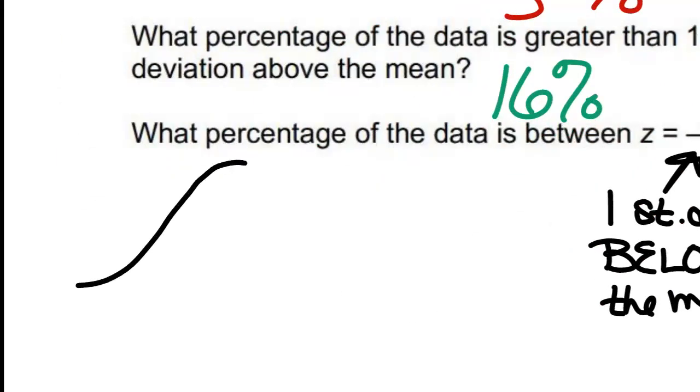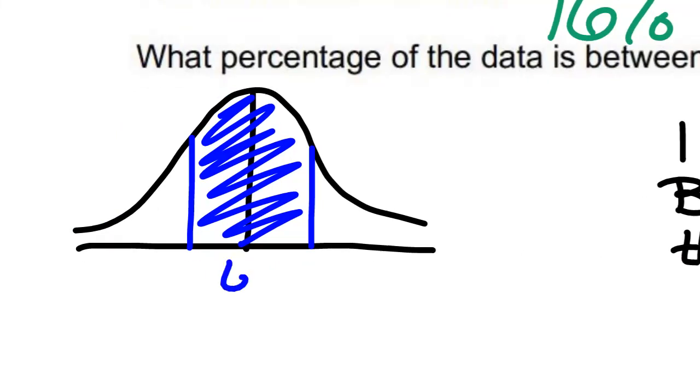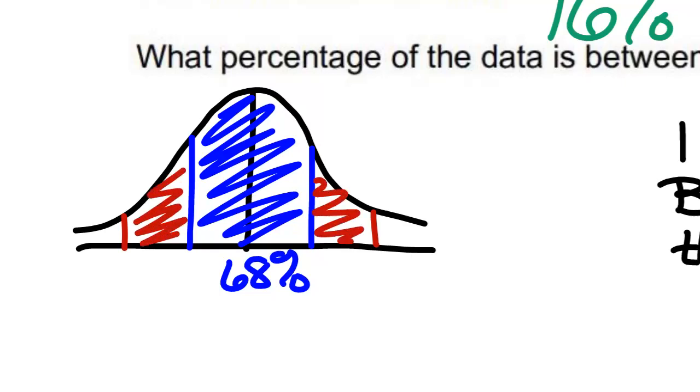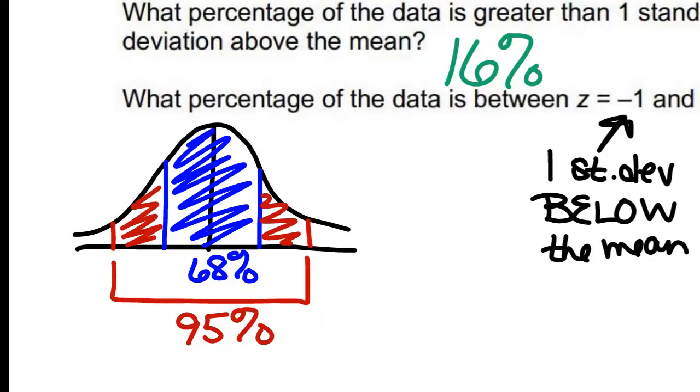Let's see, I'm going to draw a picture here. Here's my mean. We know that this is how much? That's 68%. If I take it out to 2 standard deviations on both sides, I said that's how much? That's 95%. So I know I need that 68%. What's the difference between 68 and 95?